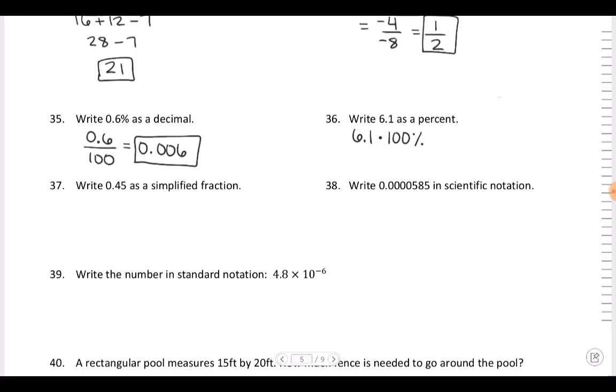If you think about it, 100% means 100 per 100, which is 1, right? So when I multiply by 100%, I'm just multiplying by 1, right? So the percent symbol just kind of comes along, and then 6.1 times 100 moves your decimal place 2 places to the right. So this is going to give me 610%.